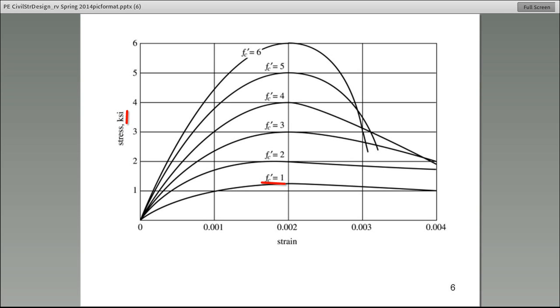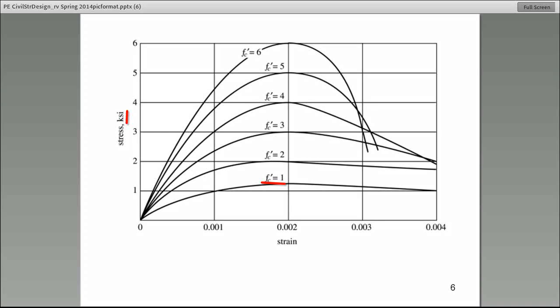So that mixture that was used to produce the concrete with the very bottom stress-strain curve gives us a compressive strength of 1,000 psi, and by definition, and this is the standard, the compressive strength is designed such that it is reached in 28 days. 28 days after the mix has been placed.